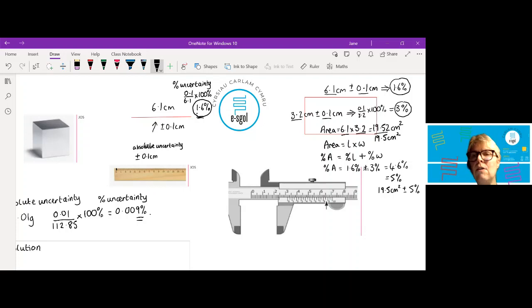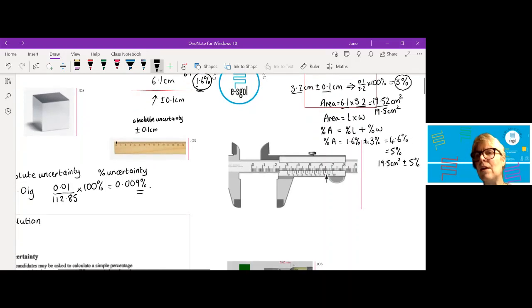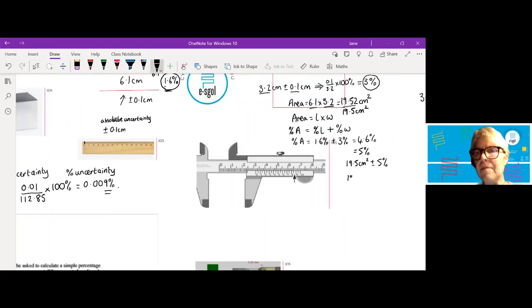Remember, you cannot add absolute uncertainties. You can only add percentage uncertainties because the ratio of the absolute to the measurement that you get is different in the different lengths. So now what we've got to do is find out what 5% is of 19.5. So you do 5 over 100, i.e. 0.05, times by 19.5.